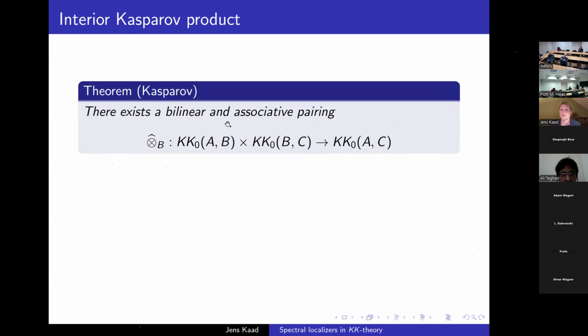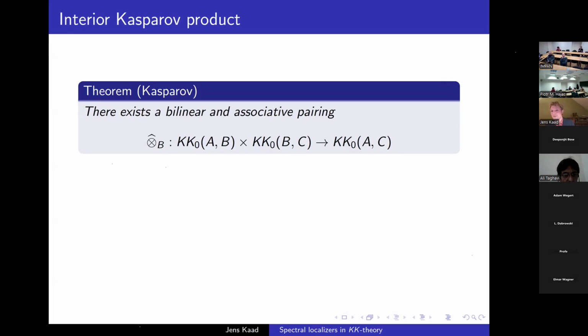So if you have an element in the KK theory of A comma B and another one in the KK theory of B comma C, you can take their interior Kasparov product and get an element inside the KK theory of A comma C. So when you take the interior Kasparov product, the C star algebra in the middle here disappears. So also a lot of effort has been spent on computing this interior Kasparov product in various cases.